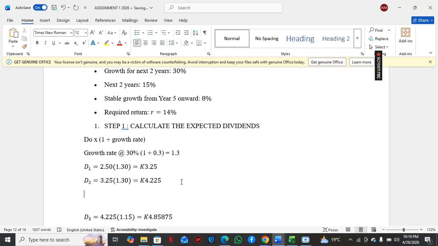Now 2 years have elapsed, the growth rate changes. The growth rate is 15%. 15% as a decimal is 0.15, so we're going to get 1.15.